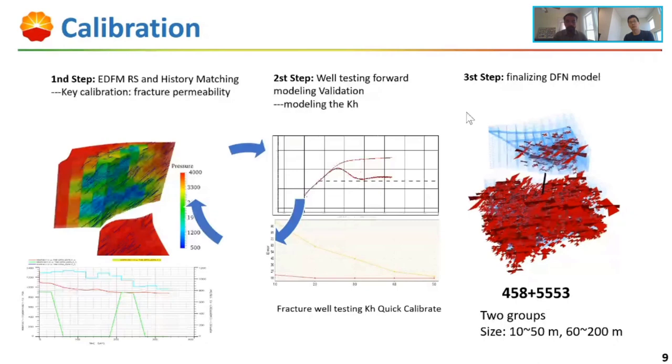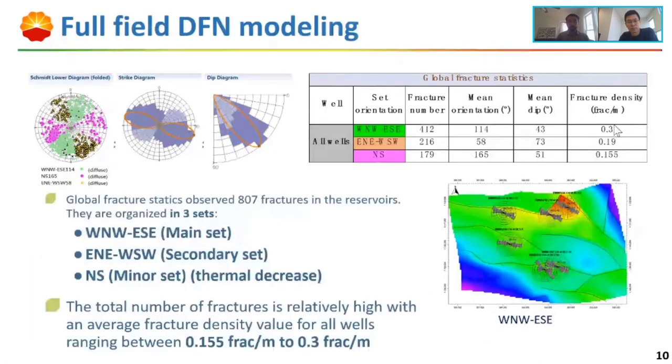Okay, when we go into the full field model, we have an idea of the parameters that those fractures have in terms of size, length, height, aperture, and conductivity, thanks to the single well calibration. But now we need to generate the geometry in the whole field. So once again, we go back to the main wells that we can see on the right-hand side of the presentation.